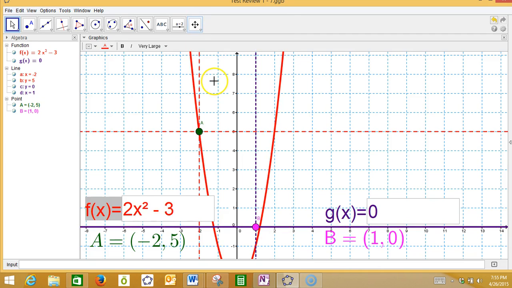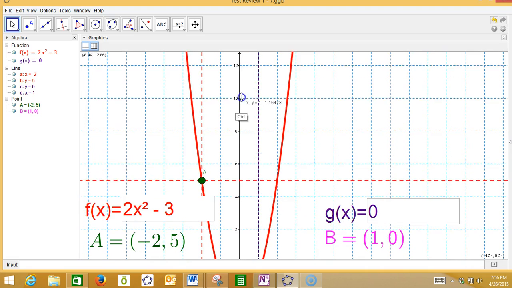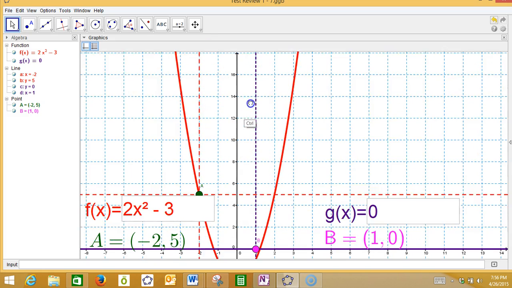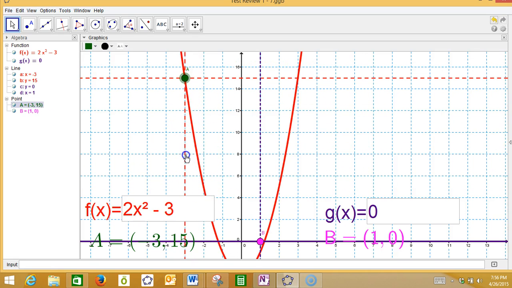So what it's saying is what input value, what x value do we put into f so that we get out a 15, right? So I'm just changing my y scale so that I can still look at getting out a 15. So what I'm going to do is move my point so that my output is at 15, right? So right here, my output's at 15.